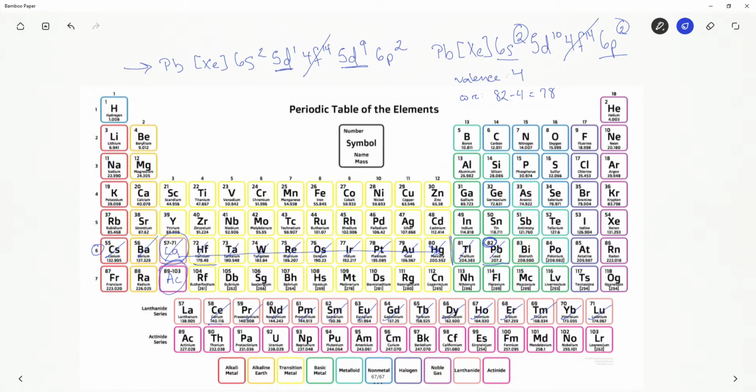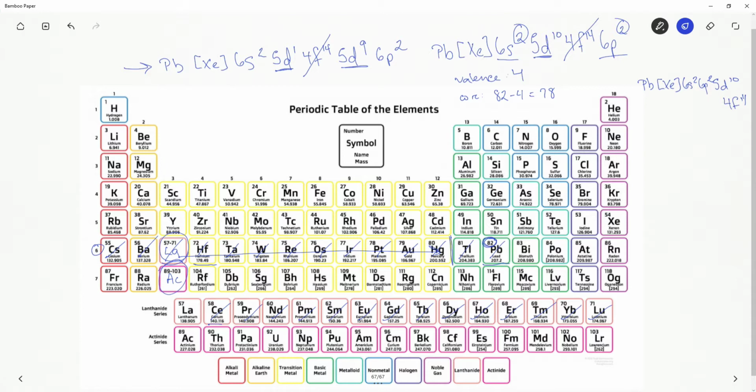The last thing I want to point out with these electron configurations is just like you can combine the d's, you can also reorder the other orbitals. So some people like to count down, so they might write 6, 5, 4.